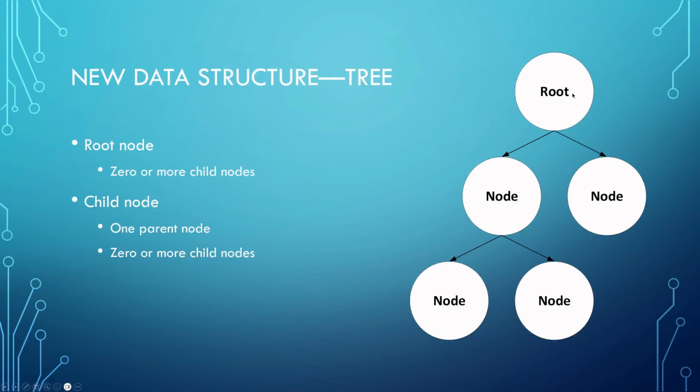So the root is the root of the tree. It doesn't have a parent node. But then any one child node will always have a parent node, and it can have 0 or more child nodes. And then the nodes at the end, those are typically called leaf nodes because they don't have child nodes.